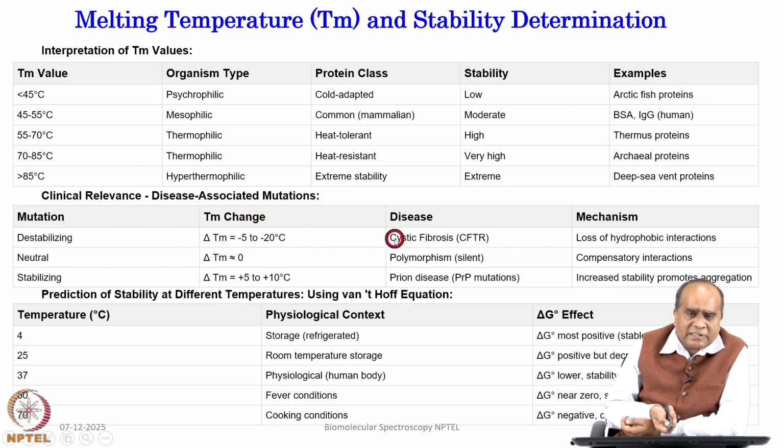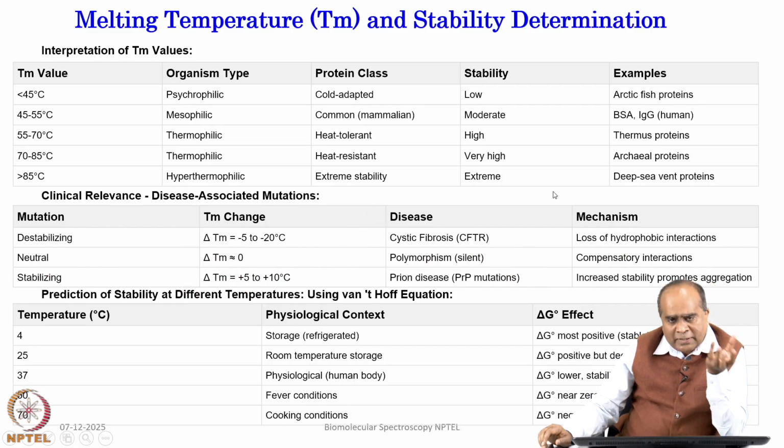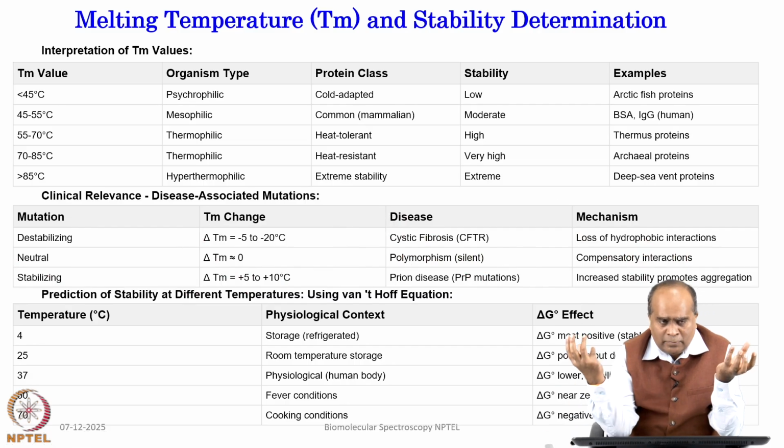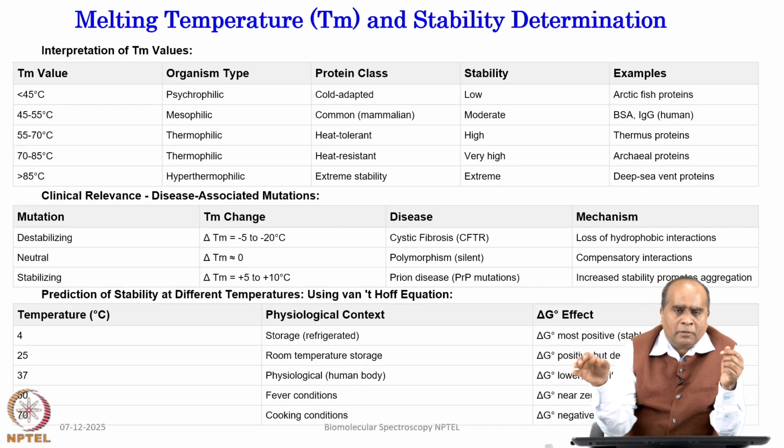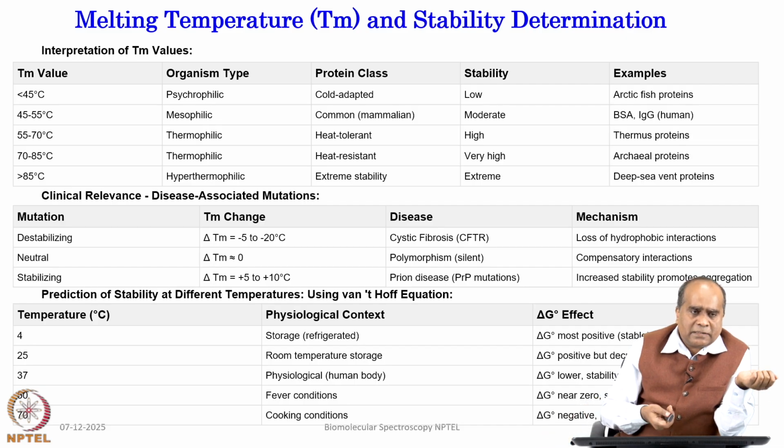In cystic fibrosis, that is what happens: there is a loss of hydrophobic interaction, and the protein gets destabilized because of this mutation. Another possibility is a neutral mutation, where the Tm does not change, like a polymorphic or silent mutation. It is a compensatory interaction, meaning one amino acid is changed with another amino acid, but stability has not changed.